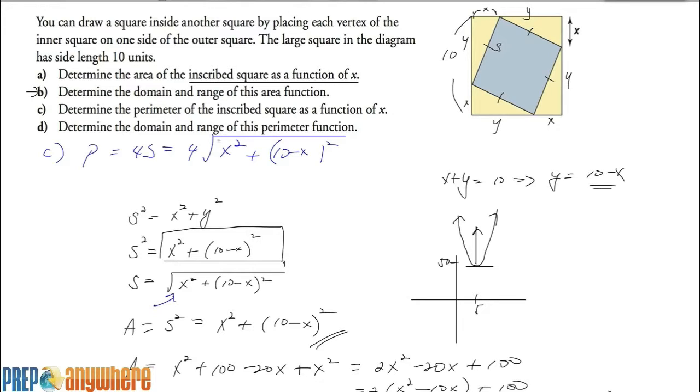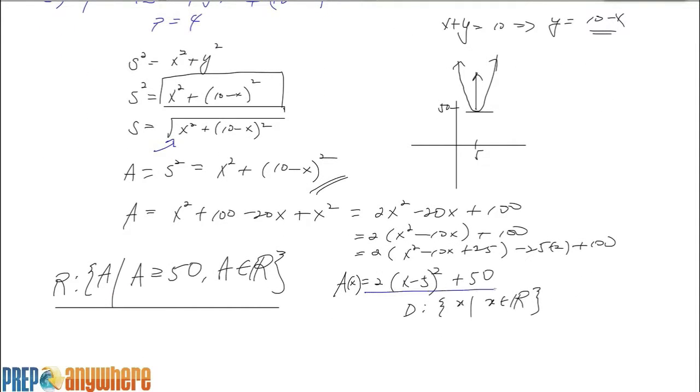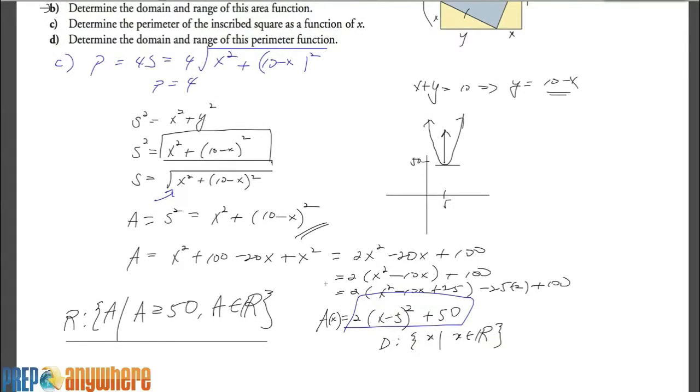So what is the domain? Now, the domain is a little bit more tricky. Let me put the simplified version of this in the completed square form, which is right here: 2(x minus 5) squared plus 50.